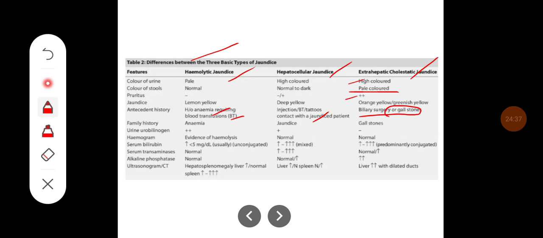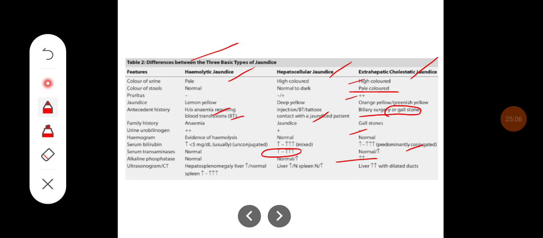Okay, so urine urobilinogen is present in hemolytic jaundice and absent in obstructive jaundice, whereas serum bilirubin is very high in obstructive jaundice, and serum transaminases are very high in hepatocellular jaundice, whereas alkaline phosphatase is high in obstructive jaundice.